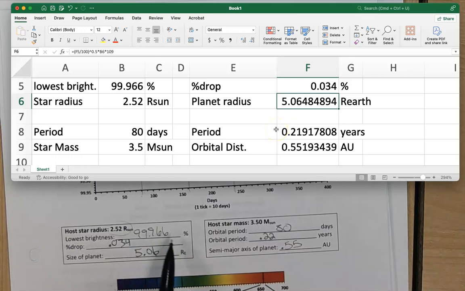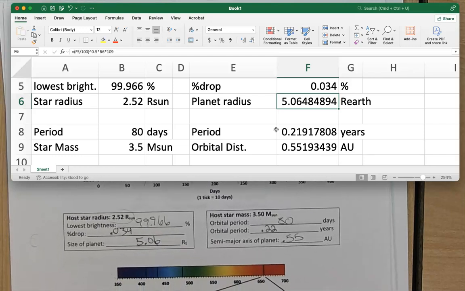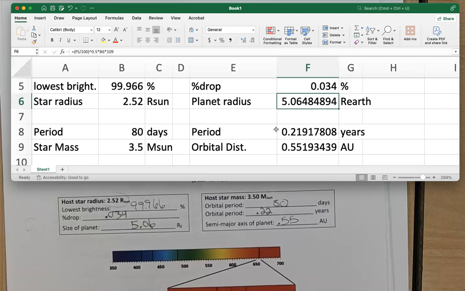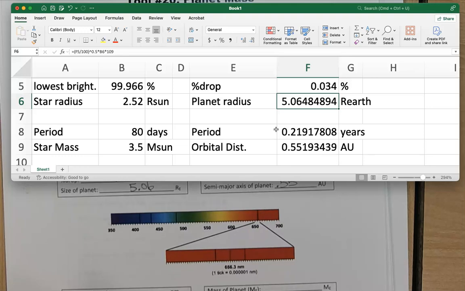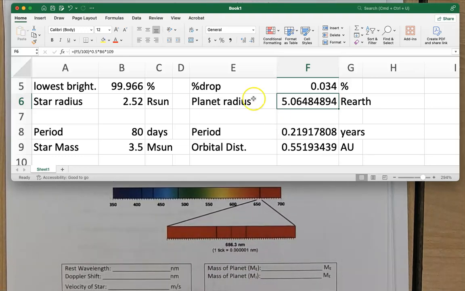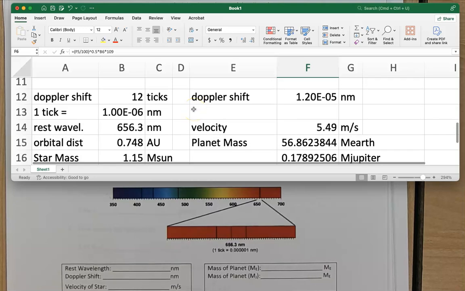All right, so that's 5 times the radius of Earth. Big planet compared to the Earth. So again, using the transit method, we can figure out the size of the planet and the semi-major axis. We can't figure out the mass using the transit method, though.